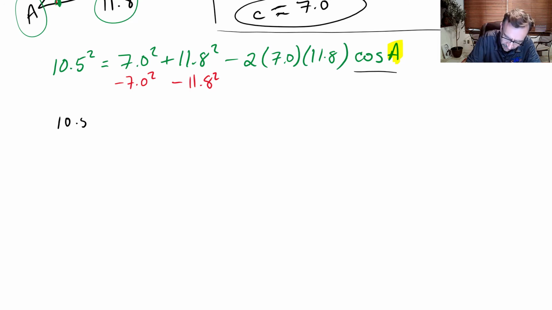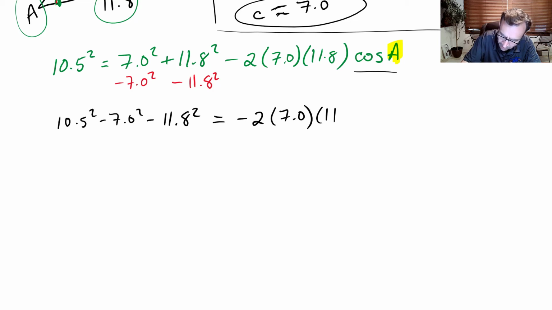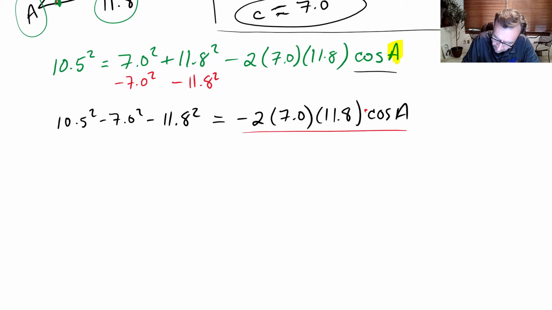So we have 10.5 squared, we could do that on a calculator, minus 7.0 squared minus 11.8 squared, and that's going to equal negative 2 times 7.0 times 11.8 cosine of A. And then at this point, we have multiplication right here, so what we'll do is divide both sides by negative 2 times 7.0 times 11.8.